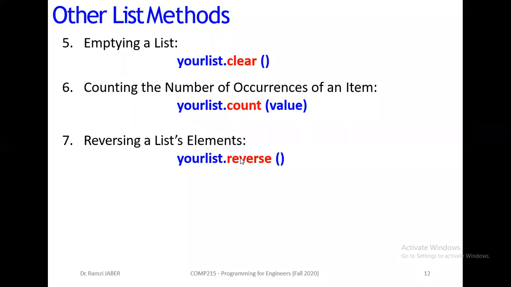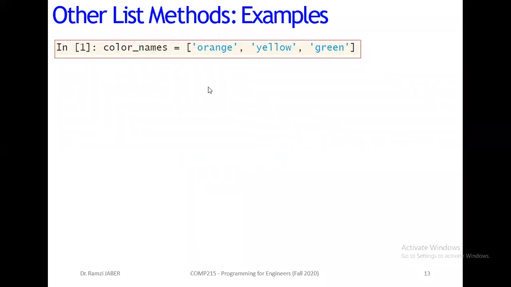So right now, we'll go to the examples. Here, if we have this example, a list called color names, we assign color names equal orange, yellow, green. We have a list containing strings. Okay, 3 elements. Each element is a string.